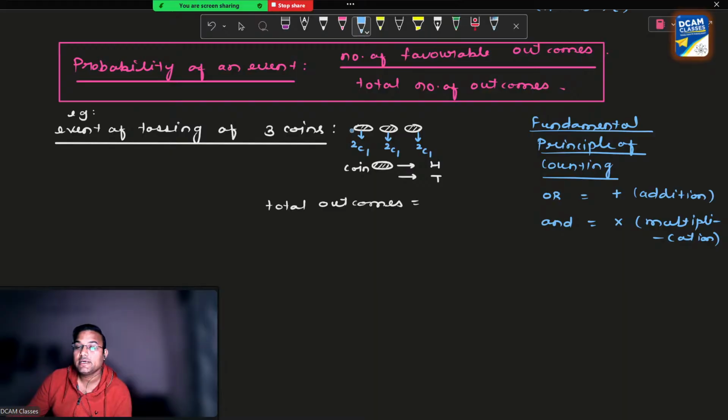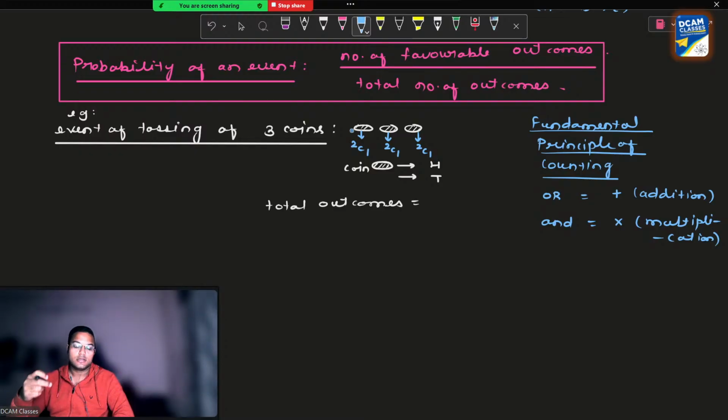Now your event of tossing 3 coins gets completed when you choose the outcome of the first coin and the outcome of the second coin and the outcome of the third coin. We cannot use "or" here. If you put "or" in between, it means 3 coins are tossed but I am taking the outcome of only one coin, either first or second or third.